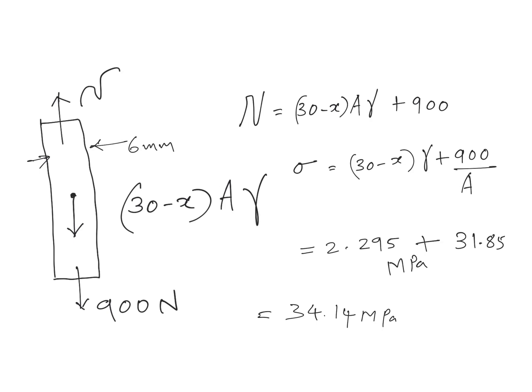It's not moving. So that means I should have a zero resultant force along my y direction. So that means this is the net reaction force acting at that particular section. Now the stress will be the force divided by area. You can see, simple maths.